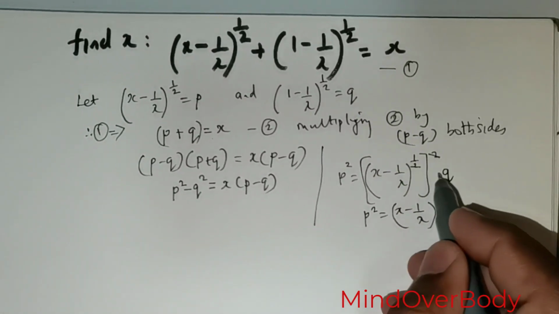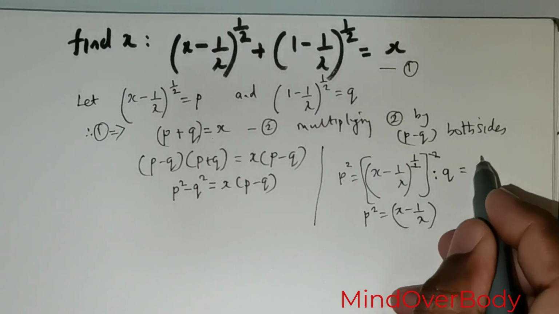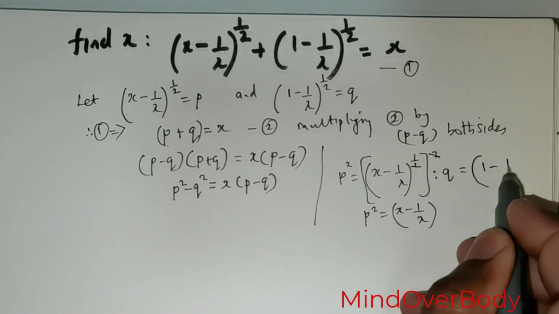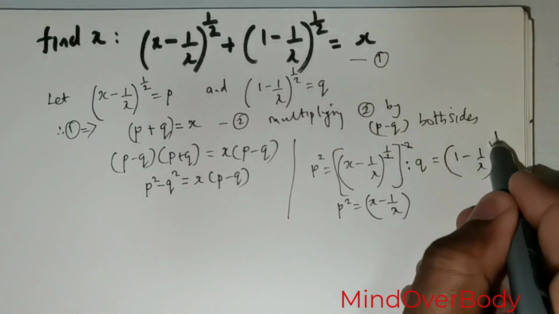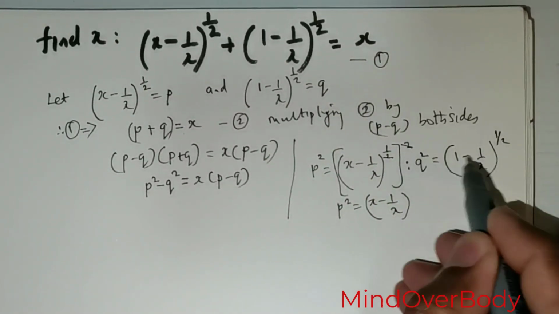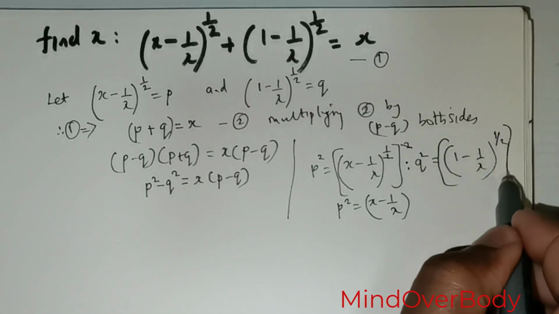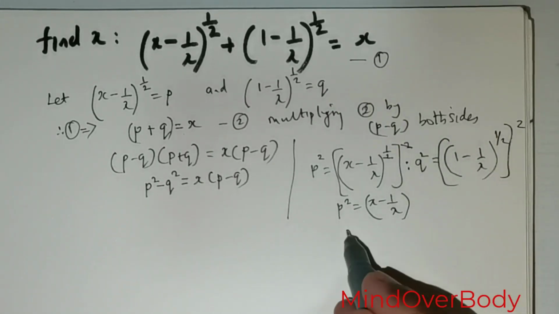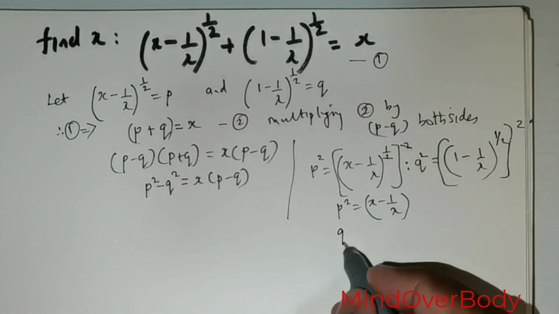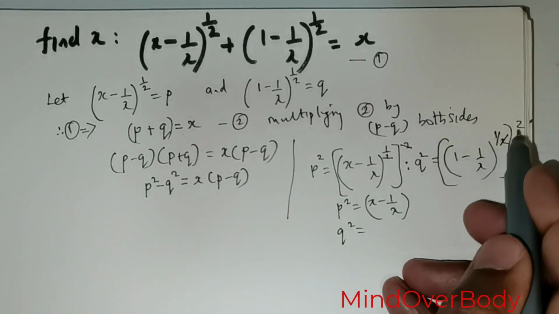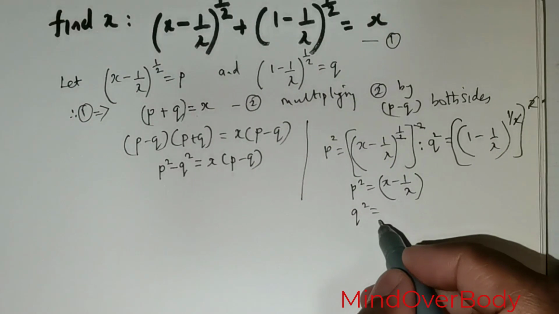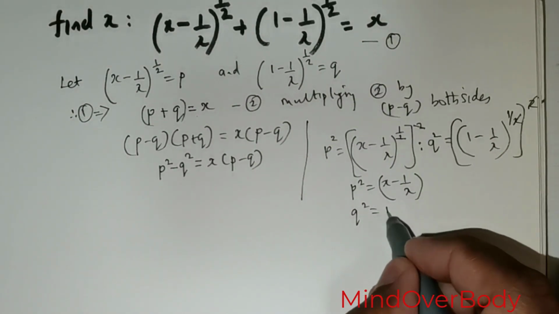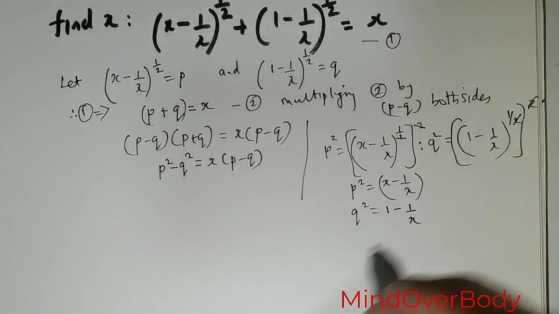Similarly, I've got q = (1 − 1/x)^(1/2). If I square both sides, the powers cancel, so that would give me q² = 1 − 1/x.